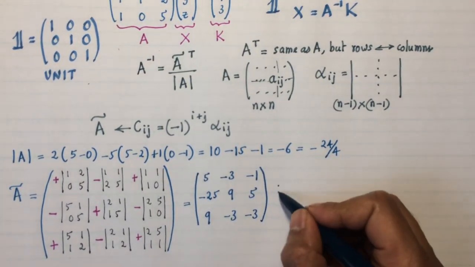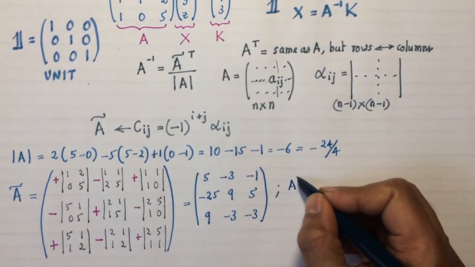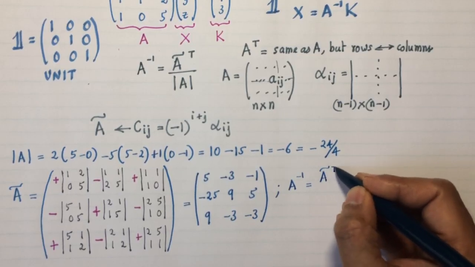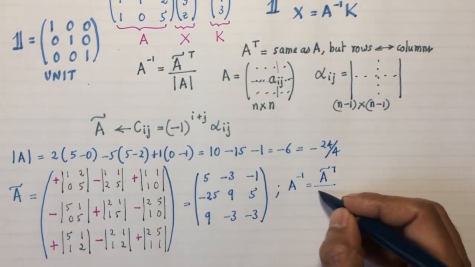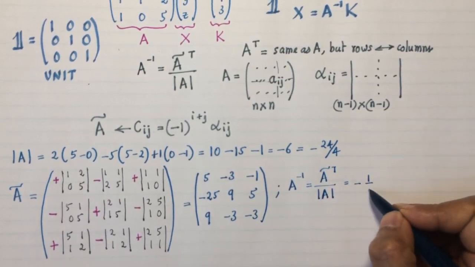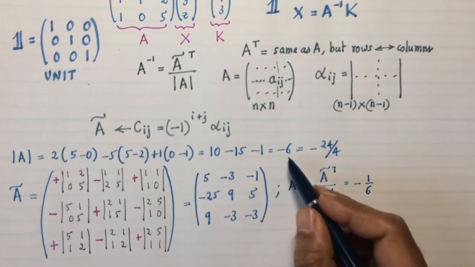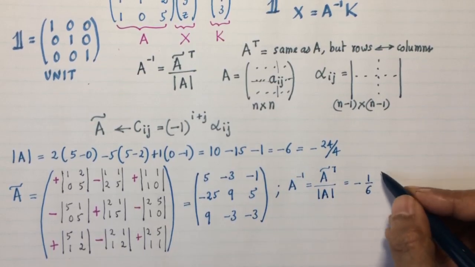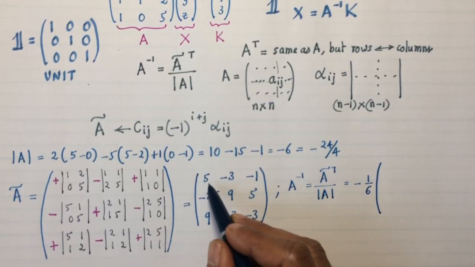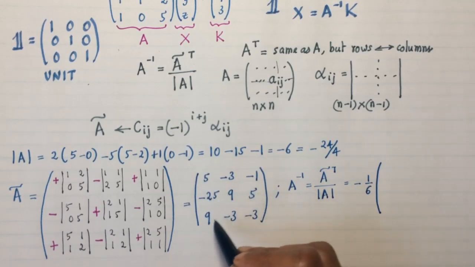Last order of business is to write what A inverse is. A inverse is the cofactor transpose divided by the determinant of A. Determinant of A is negative 6, so when I divide I get negative 1/6. The cofactor transpose, now this is the cofactor. I have to transpose it, which means I have to make the rows the columns, the columns the rows.